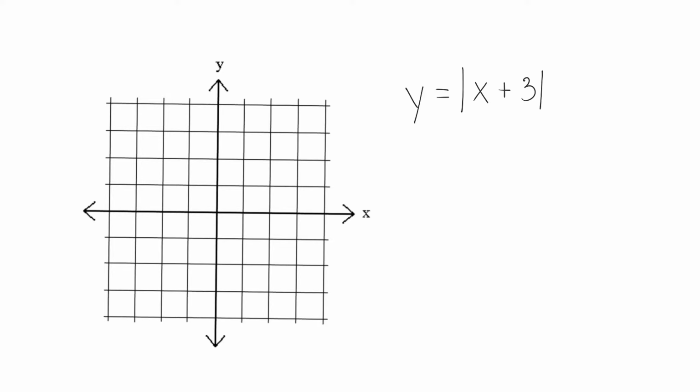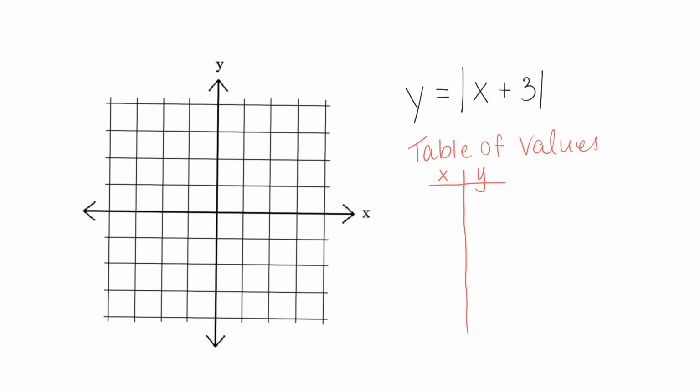Okay, the first thing we do when we don't know what we're doing, the way you can always graph something, is by making a table of values. So we're going to do that. We're going to draw a little chart, label x and y. And we're going to label our x's.